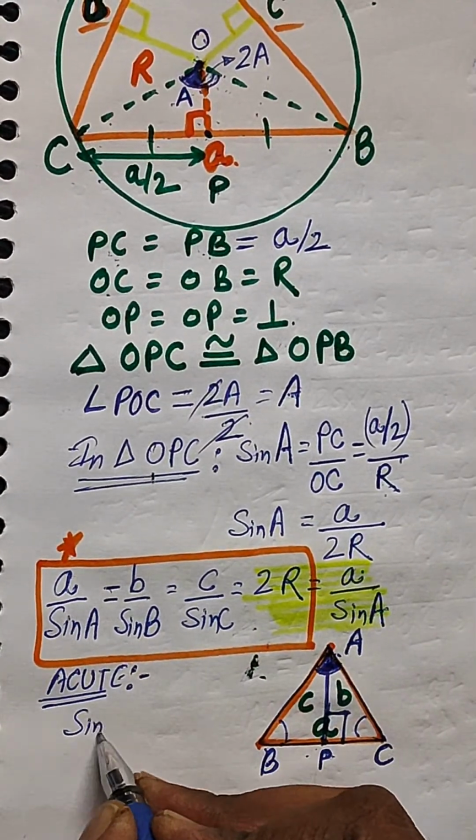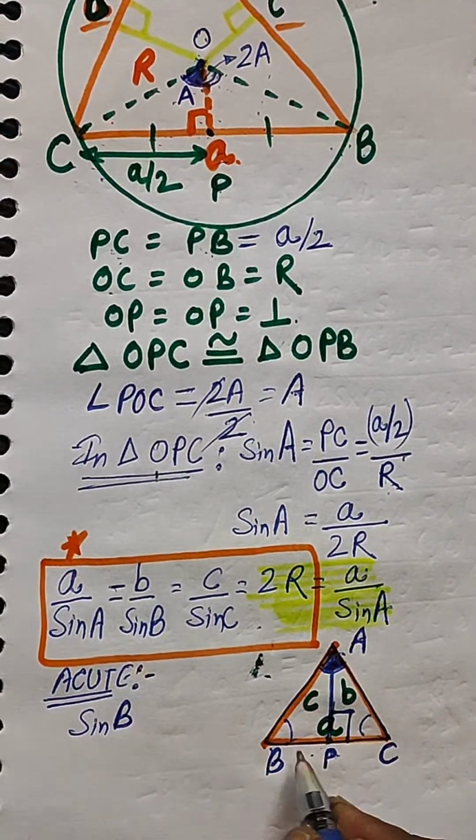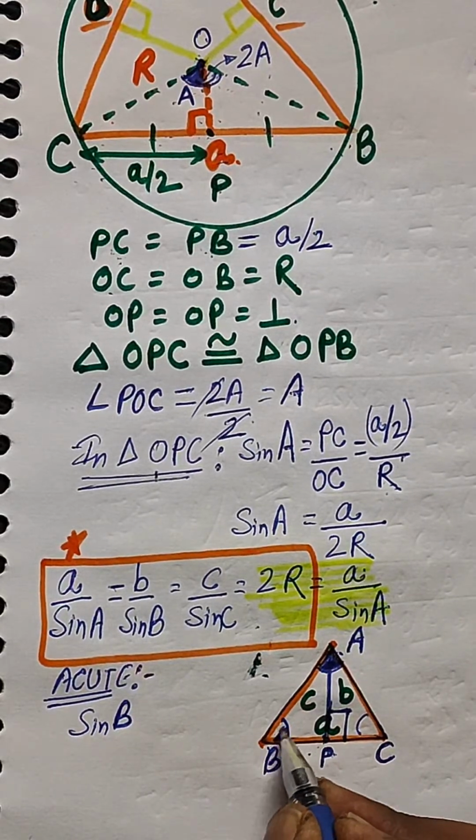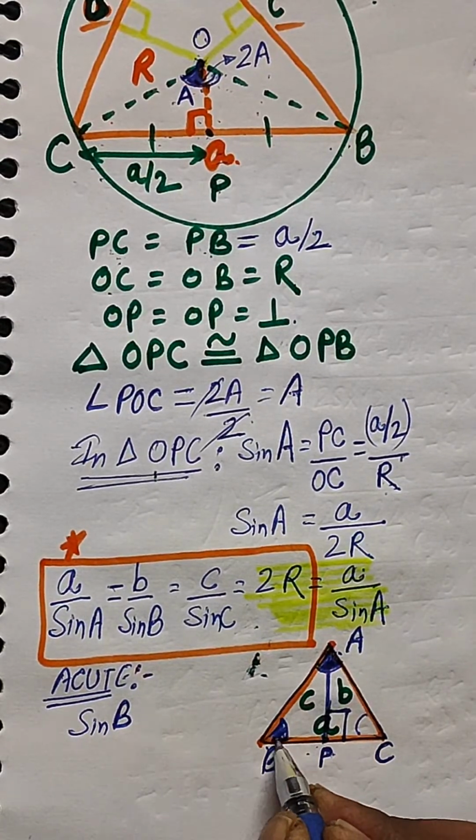So in this case, what will be the value of sine B? Why have we taken this angle now instead of A?